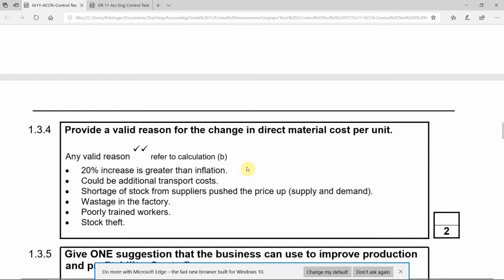According to the law of supply and demand, the basic economic law, prices will go up when things are scarce. We also already included wastage in the factory. Maybe that goes hand in hand with poorly trained workers. Poorly trained workers will tend to waste in the factory. Okay, there also could have been theft of stock.